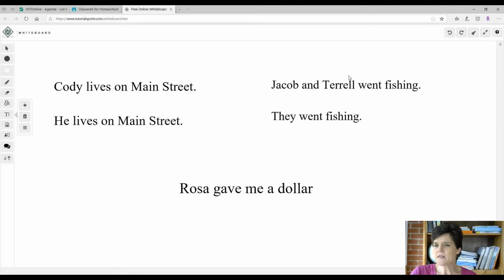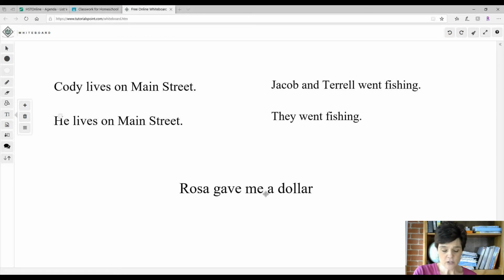On this one and this one, you see that the pronouns are in the subject, right? Rosa gave me $1. Our verb is gave, right? So that means this word here is me. If you look, it's on the singular pronoun list, me. This is after the verb. It's not before. So pronouns can be used before or after the verb.